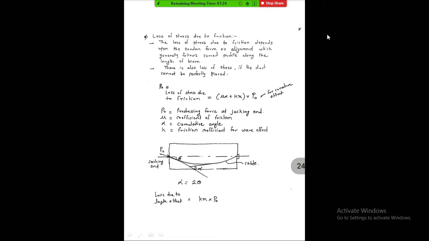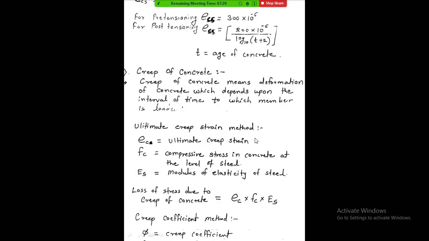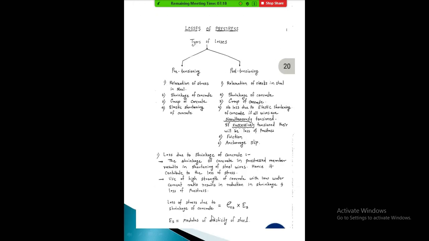Now these are the formulas which you should remember. First is the loss of stress due to shrinkage of concrete. It is ECS into ES, where ECS is the shrinkage strain in concrete and ES is the modulus of elasticity.